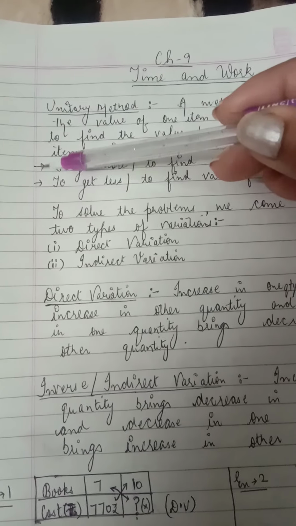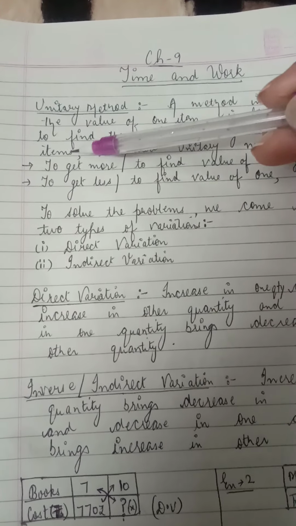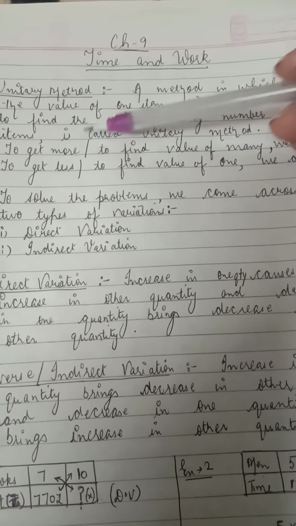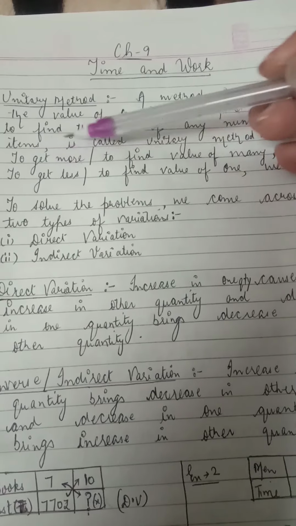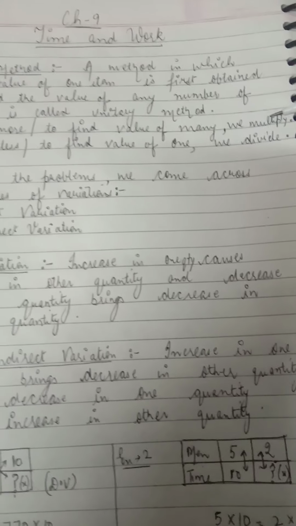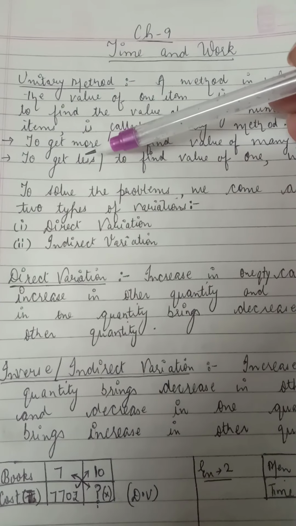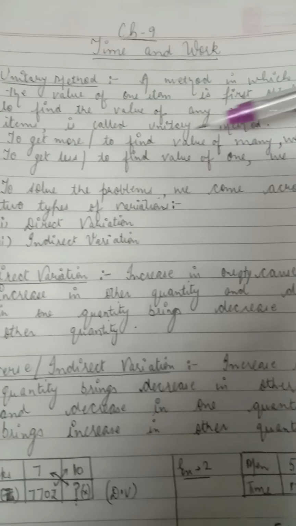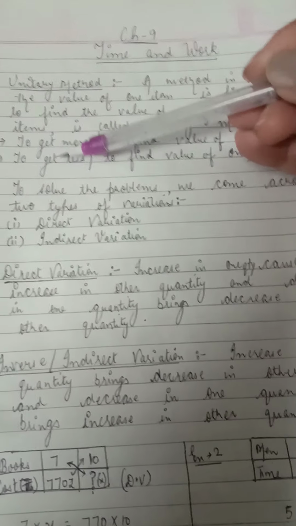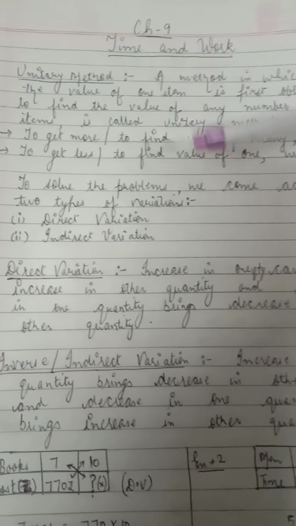You have to keep only two basic rules in your mind: when you want to find the value of more things, you always multiply, and when you want to find the value of one thing, you always divide. These are the two basic rules of unitary method.